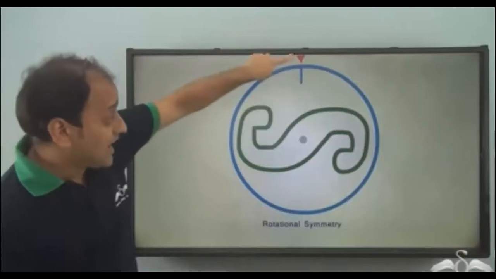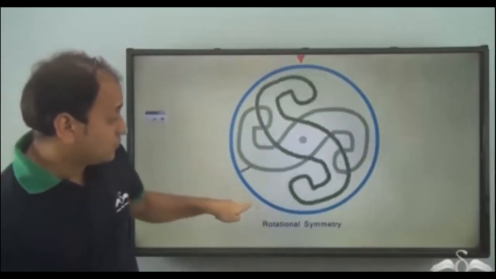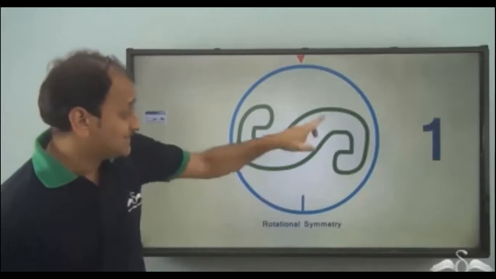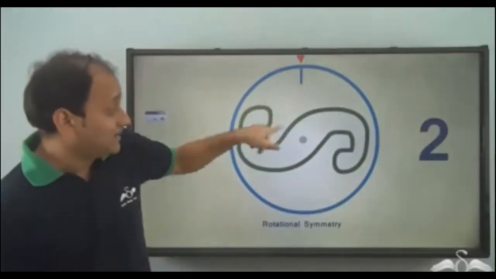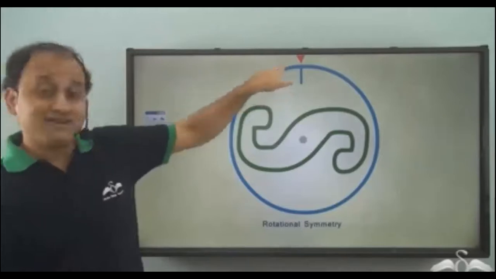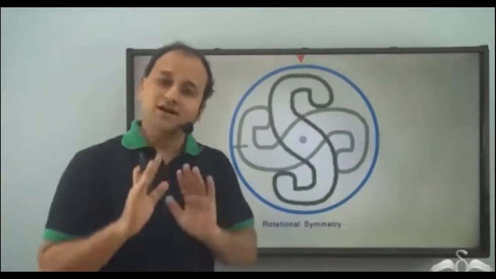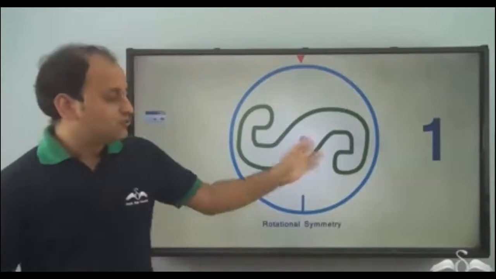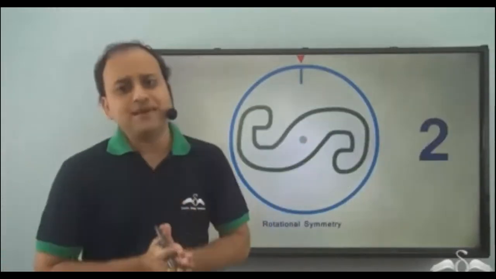That is, as you rotate it, it moves and you get the same figure. Then it moves again and then you get the same figure and the turn is completed. One full turn occurred. And what did you see? You saw that two times it looked exactly the same.